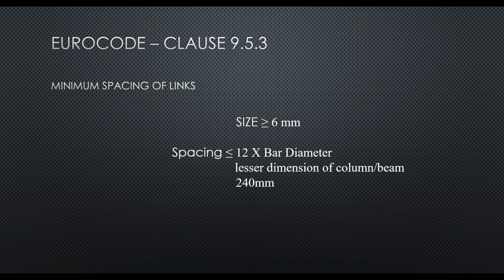Then the spacing should also be lesser than the dimension of the column or the beams. So let's say your column is 230 by 230, then the spacing you are going to use between your shear links must always be less than the size of the column. Then the spacing must also be less than 240 millimeters.